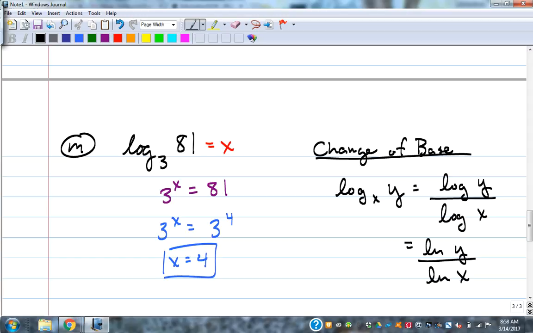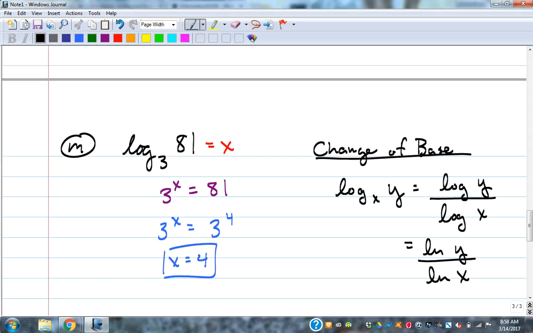If you needed to evaluate something, you could evaluate it using a change of base formula, is what it's called. Log base x of y could be done with log base 10 of y over log base 10 of x, and it equals the same amount. Same thing here. You could use natural log of y over natural log of x, and it equals the same thing.